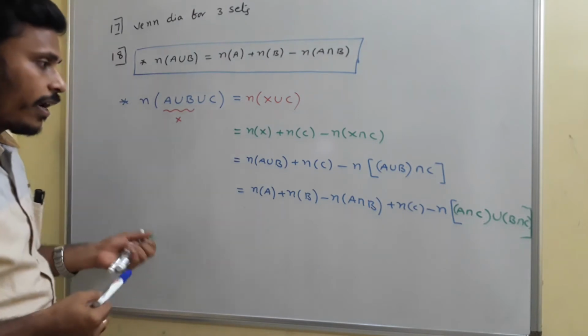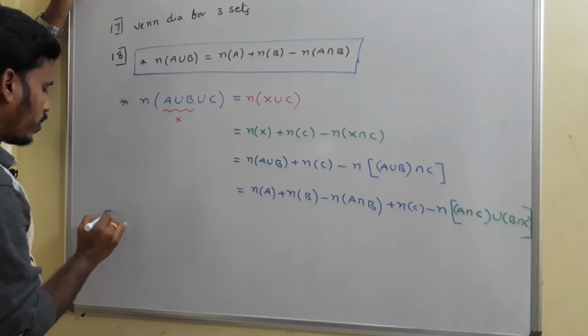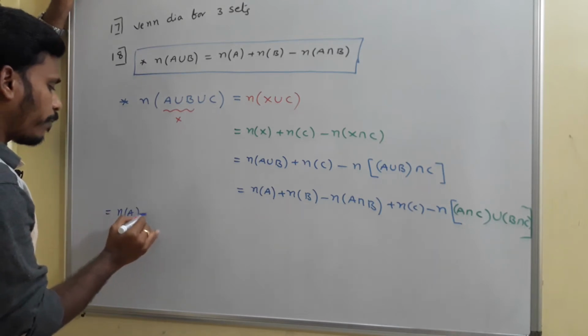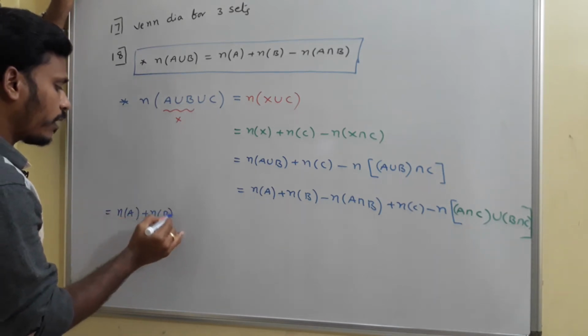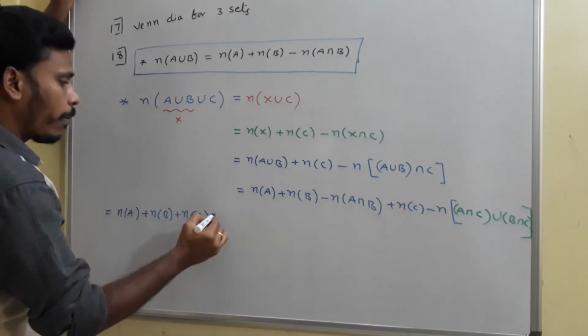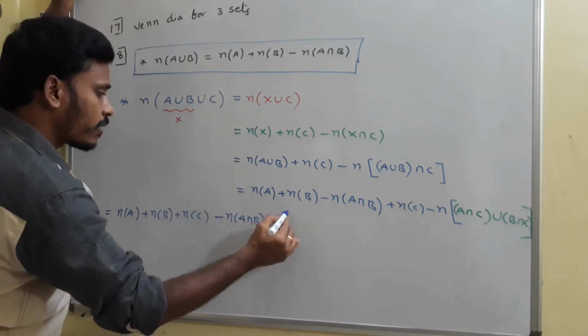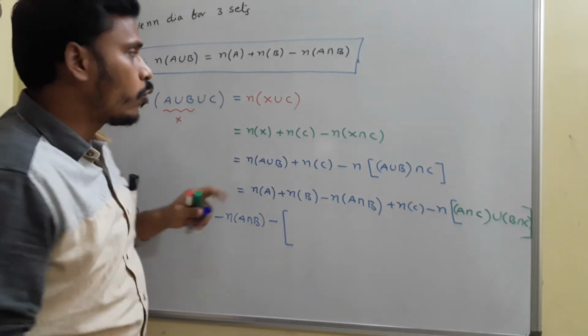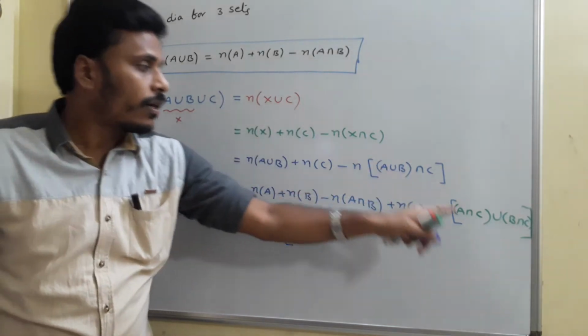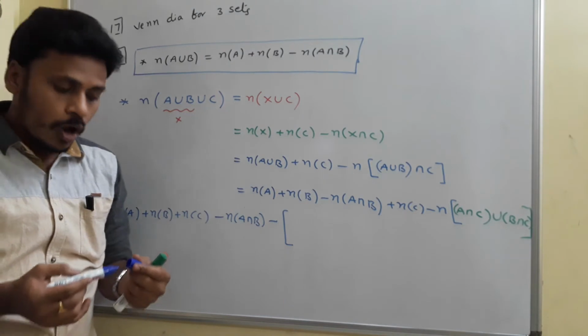So how can I write? Just have a look. The first terms won't change. So this is equal to n of A plus n of B plus n of C. Just write these three terms in one place, minus n of A intersection B, minus, now I am going to use this rule for these two sets, A intersection C and B intersection C. So how can we write?